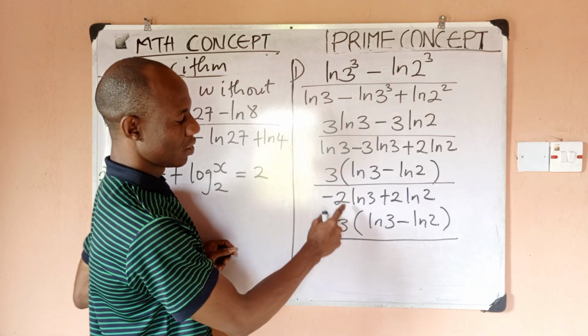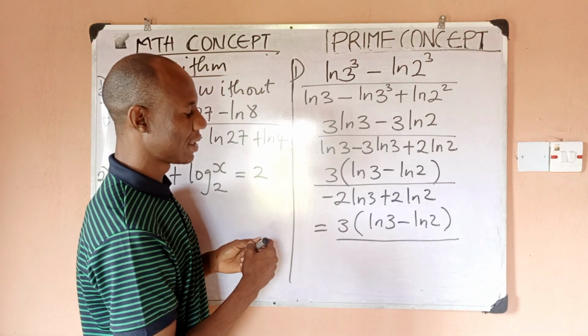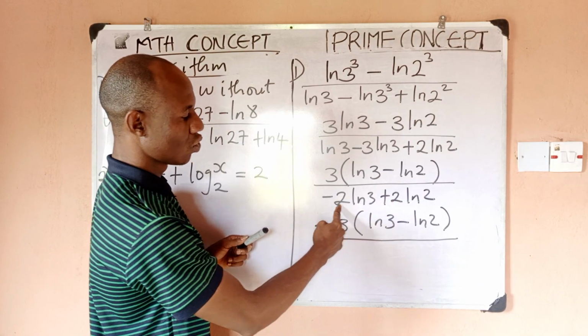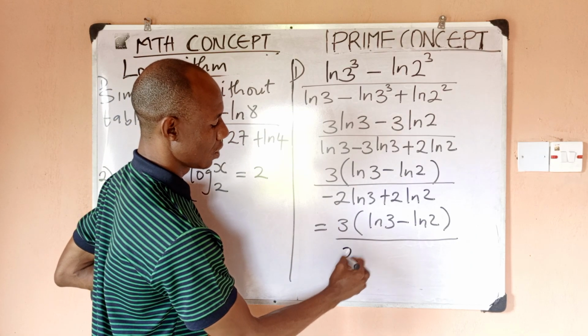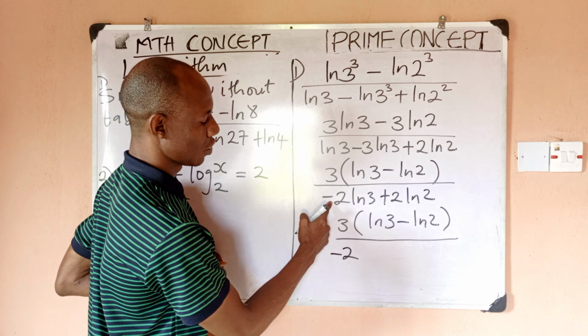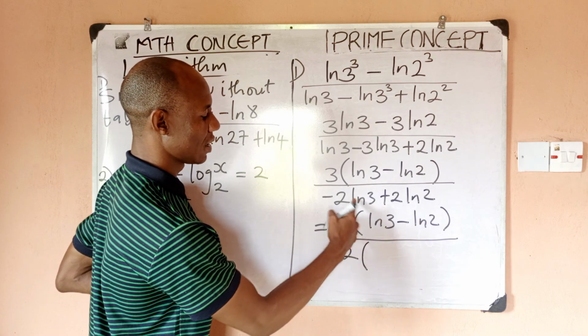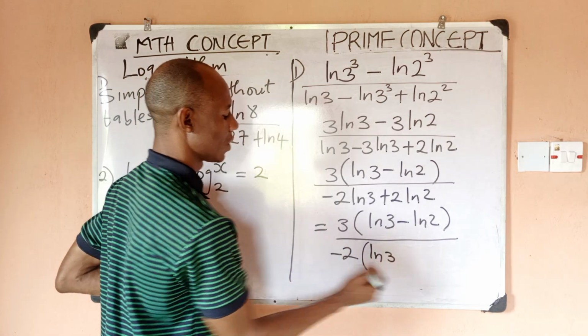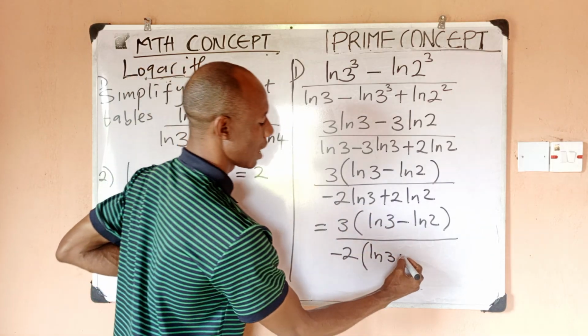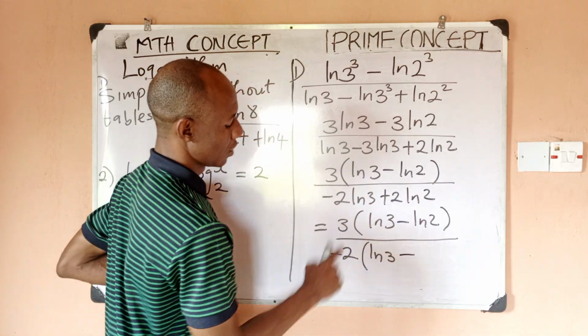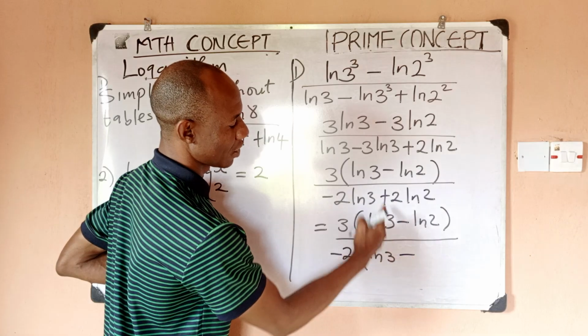Right? Yes. So above, I have 3 into ln 3 minus ln 2, all divided by. Now, I want the numerator and denominator to be the same. So I'm going to bring out 2. 2 is common. So if I bring out minus 2, I'll be left with ln 3, so that minus 2 times ln 3 gives us minus 2 ln 3. So I would introduce a minus here, so that when minus multiplies minus, it gives us plus.